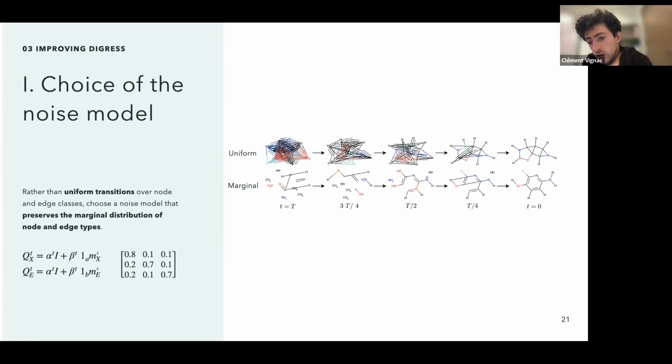And for text, what you can do is constrain the diffusion to change from a word to a neighboring word in a semantic space, so that you don't go too far too fast. But for molecules, it would, for example, mean, as you said, not changing the atom type arbitrarily. Then this spatial proximity looks more difficult to me, but maybe it will improve later.